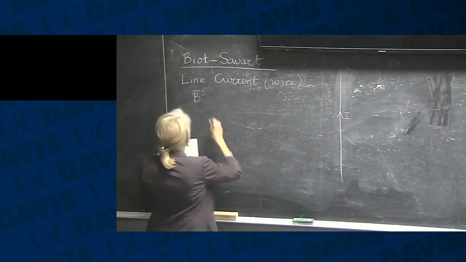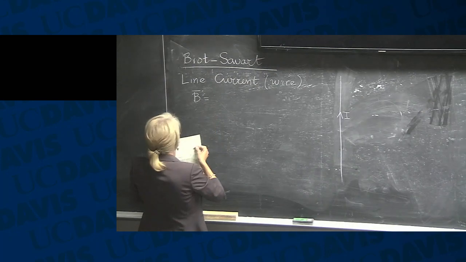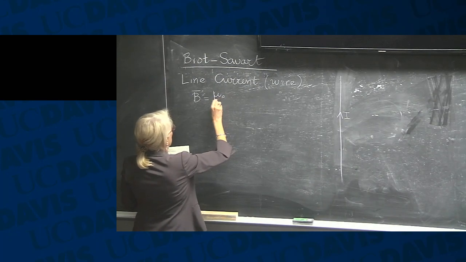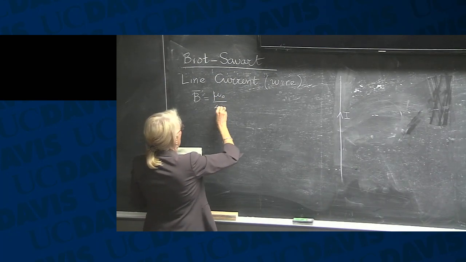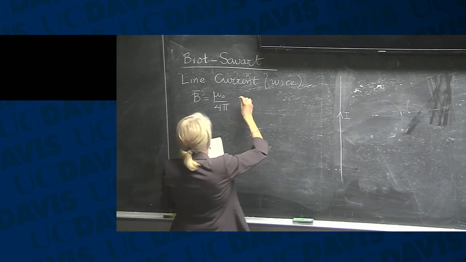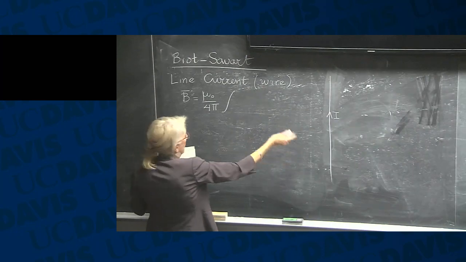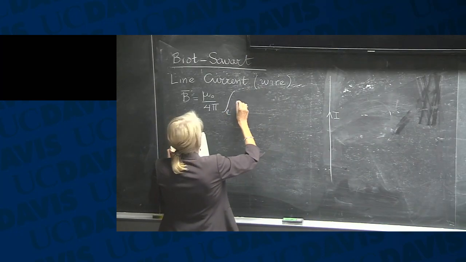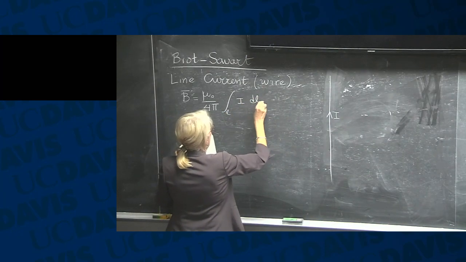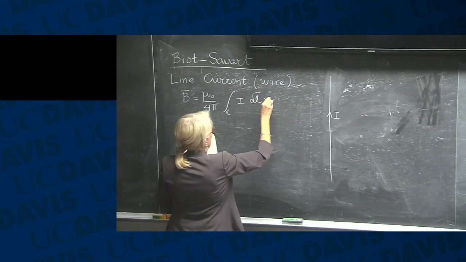And this field B is given by mu naught over 4 pi, the integral along this line, I dl cross R.